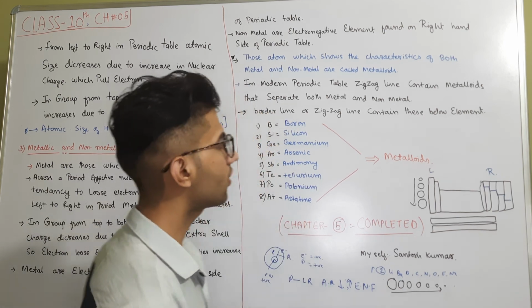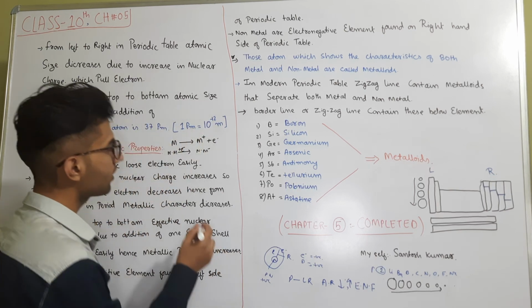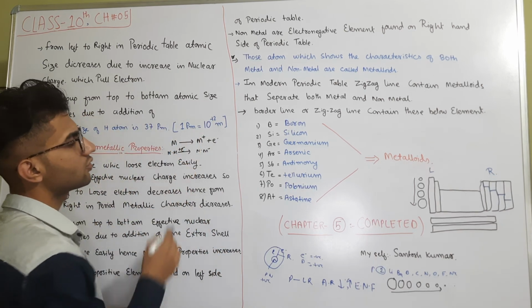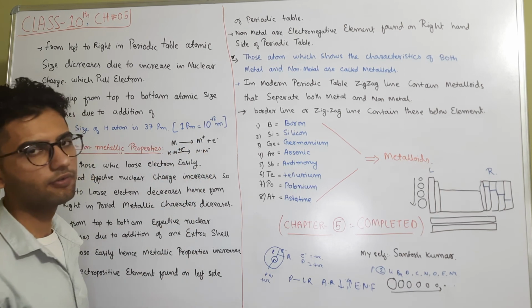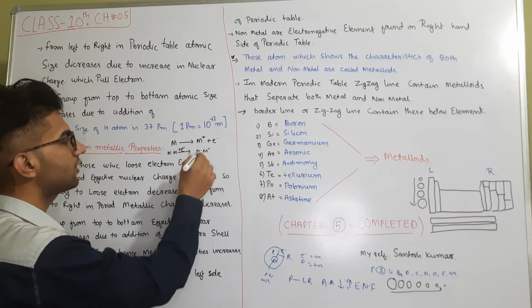Now there is another concept. If a metal loses electrons, there will be a deficiency of electrons and it will acquire a positive charge.